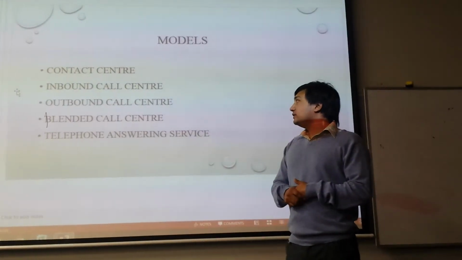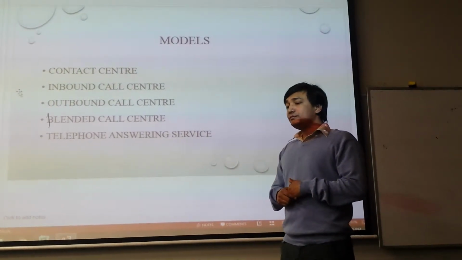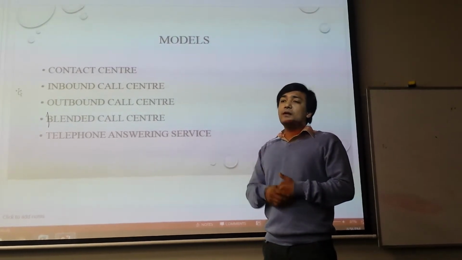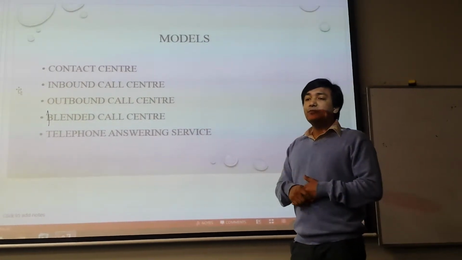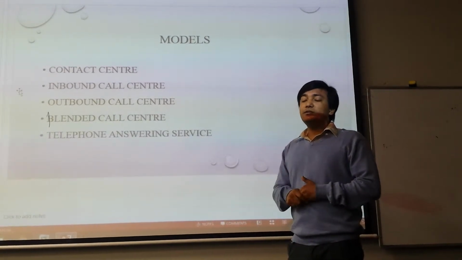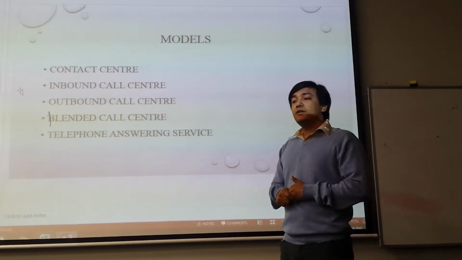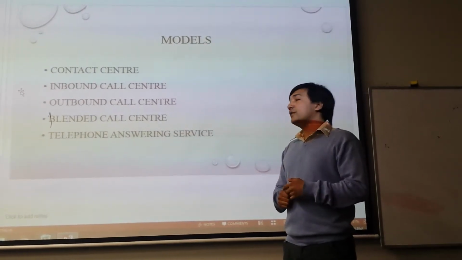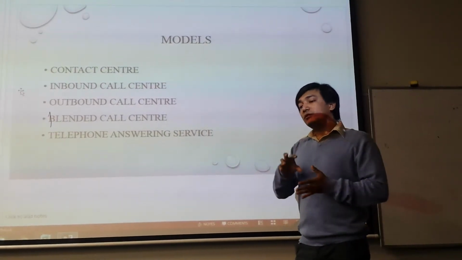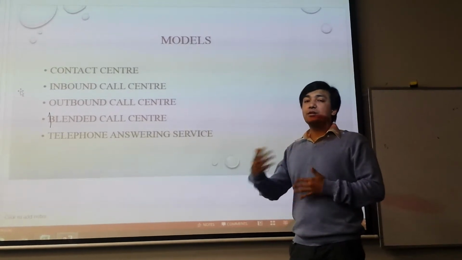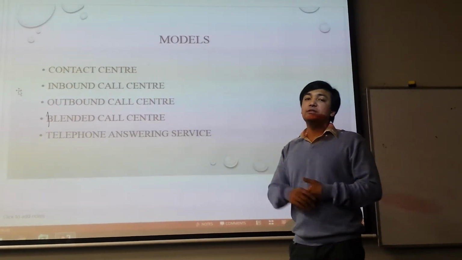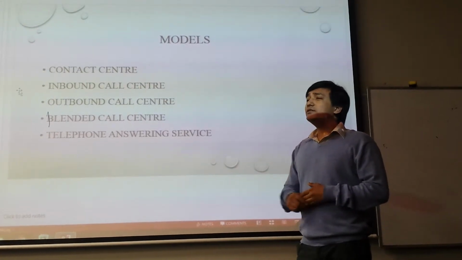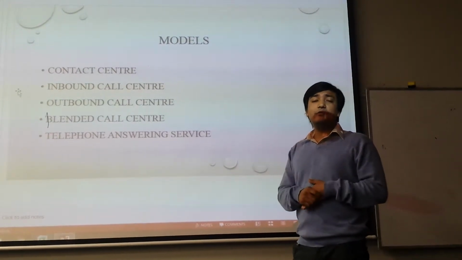The inbound call center refers to customers calling the call center, if they require services, and then the call center provides the service to them. In the outbound, the call center itself calls the customers or users to offer the service. And the blended call center is a mixture of inbound and outbound call center.